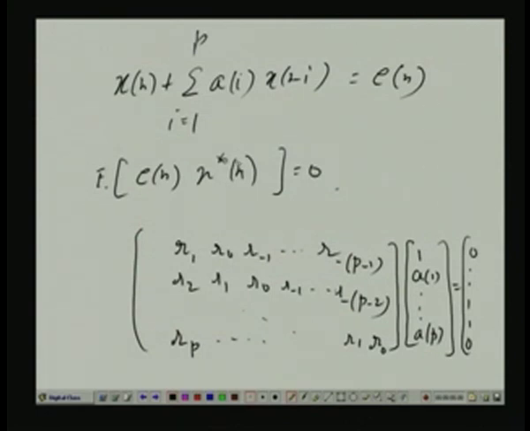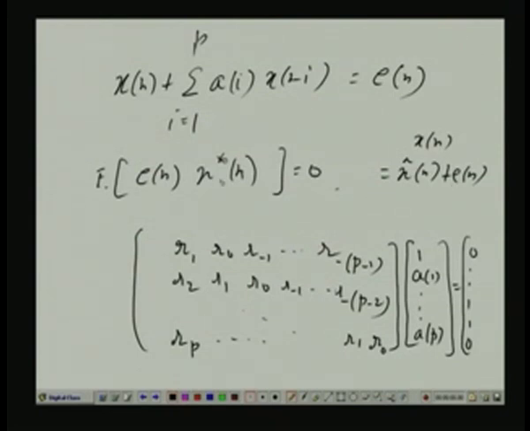In the case of linear prediction, say, what is x n? X n is x cap n plus E n. What is x cap n? It is the orthogonal projection or rather prediction of x n from the past p values. This x cap n is nothing but a linear combination of x n minus 1 up to x n minus p, and the error is E n, and the summation of the two is x n.